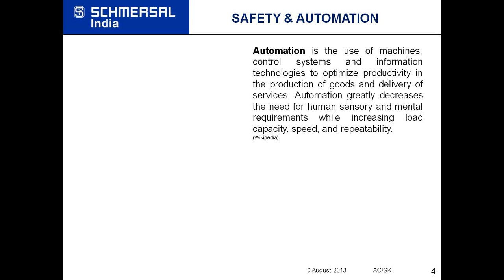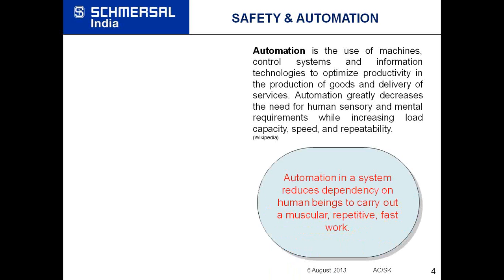Automation greatly decreases the need for human sensory and mental requirements while increasing load, capacity, speed, and repeatability of the system. So this means that automation can work on its own with less requirement for human interference. So we can say automation in a system reduces dependency on human beings to carry out muscular, repetitive, fast work.